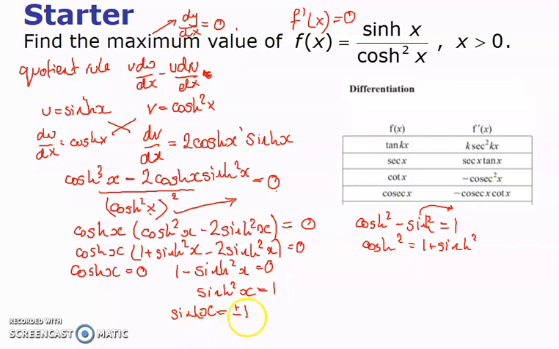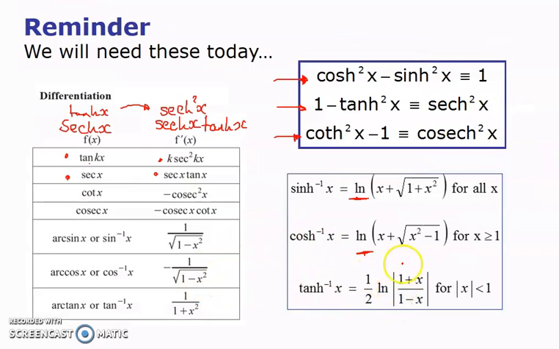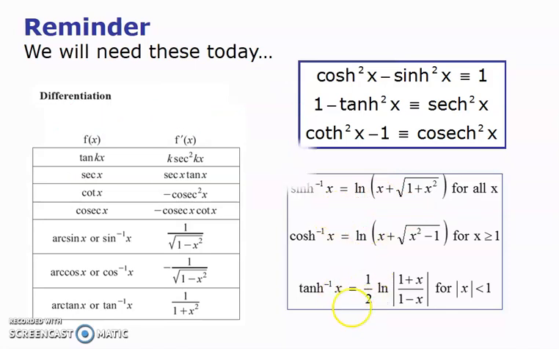And x therefore is the inverse sinh of 1. Which using that formula, as I say, we're going to use here, it's log of 1 plus the square root of 2. It's log of 1 plus root 2.